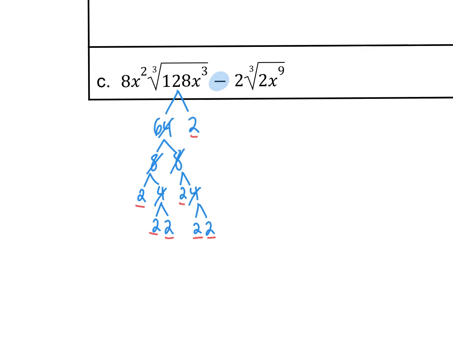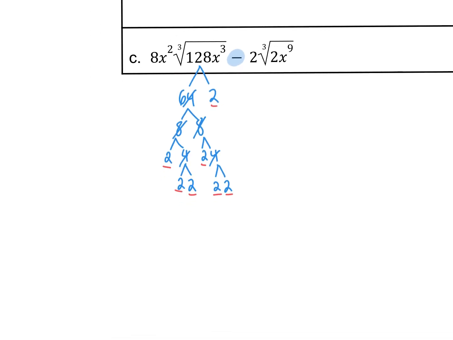Okay, so same as what we did before. My outside is 8x squared, okay, and we need to see who is joining him. Okay, we're looking for groups of 3 this time. Our index is 3, okay? So let's go ahead and do that. Looks like I've got one group of 2, 2 groups of 2, and then I have 3 x's.